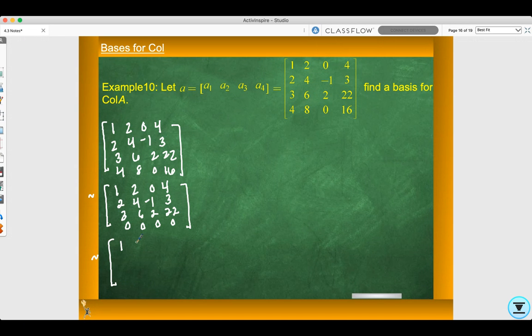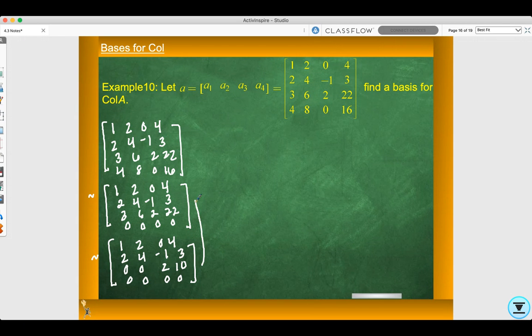So I'm not going to do anything to row 1. I'm leaving row 2 alone. I'm going to take negative 3 row 1 and add it to row 3 and get 0, 0, 2, 10. And the last row was already zeroed out.